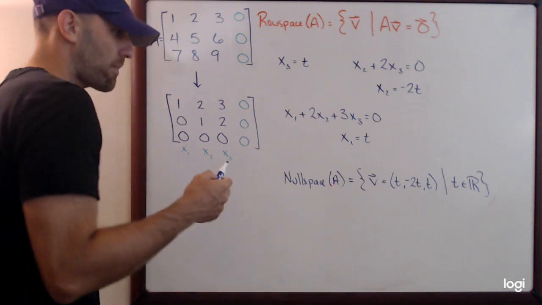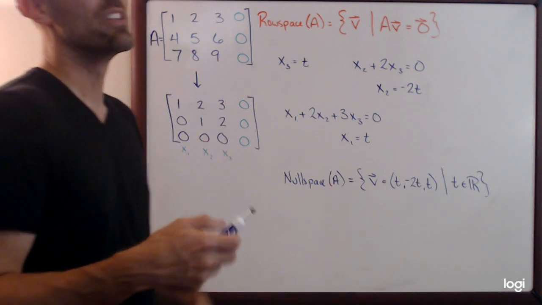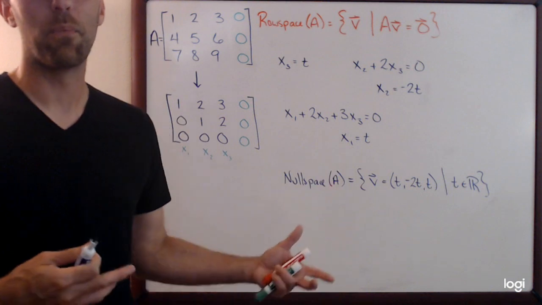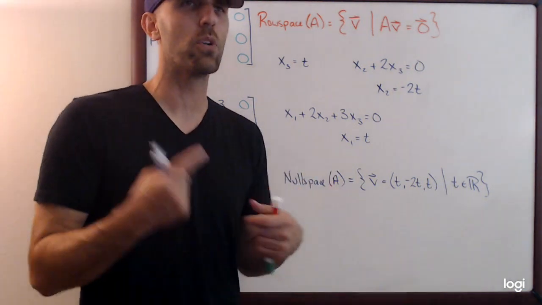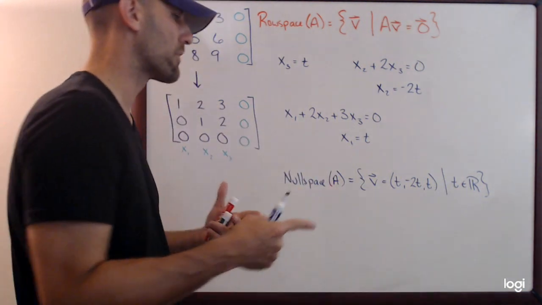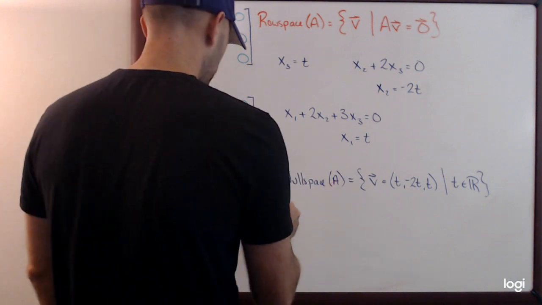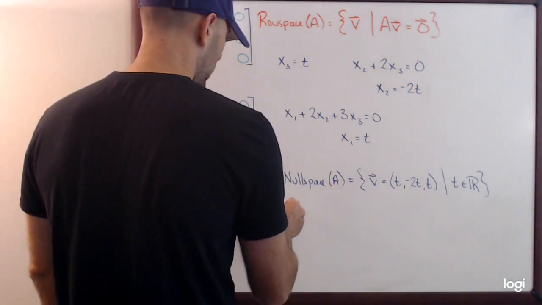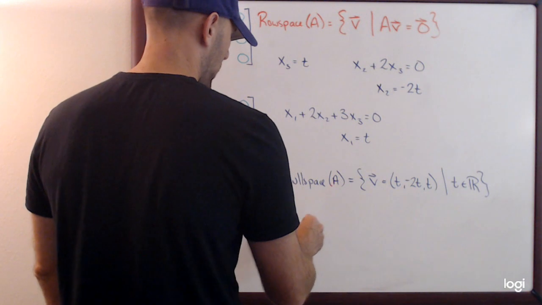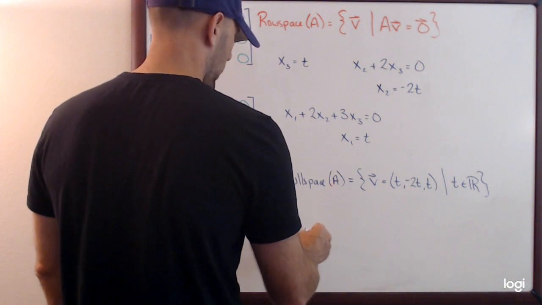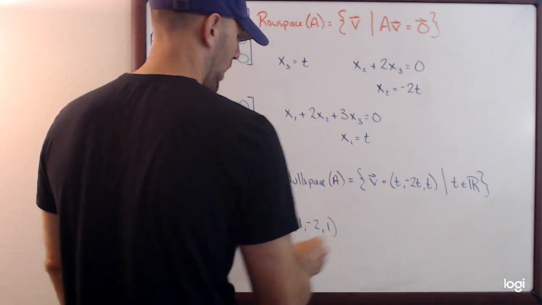So since I only get the one choice, just pick a value for that variable that will give you a vector. If I know it's one-dimensional, I only need one vector to span it. So if I let t equal 1, that gives me the vector, 1, negative 2, 1, right?